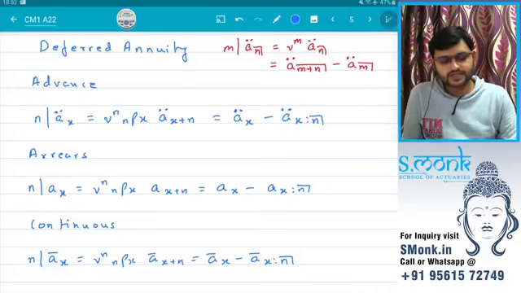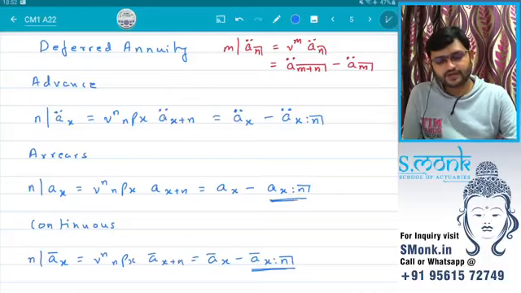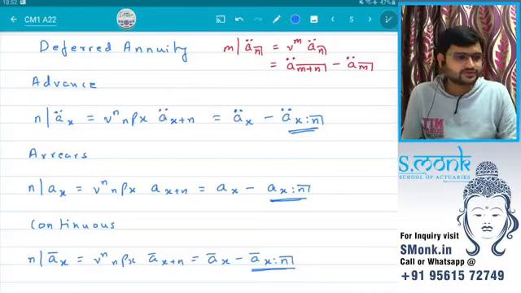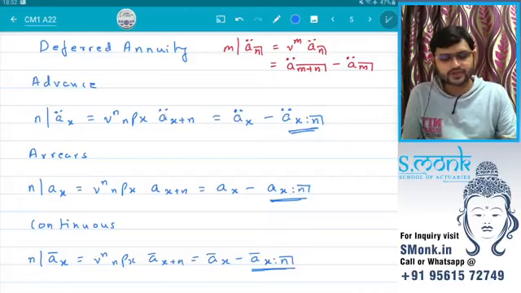This is again the concept of how we find our temporary annuity formulas. Now you can rearrange and you will get the answer. It is just whole life minus temporary.